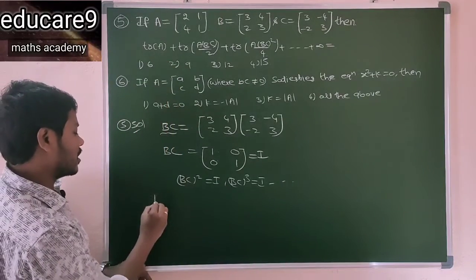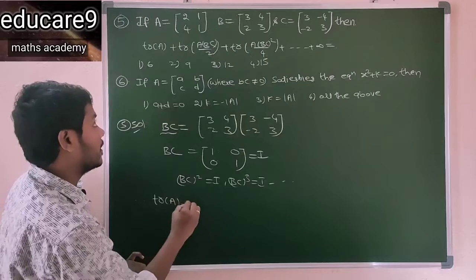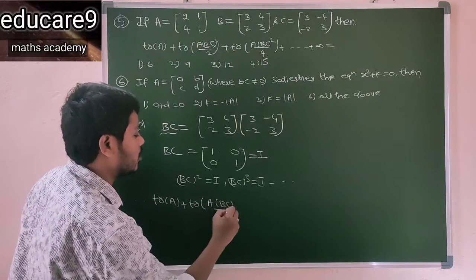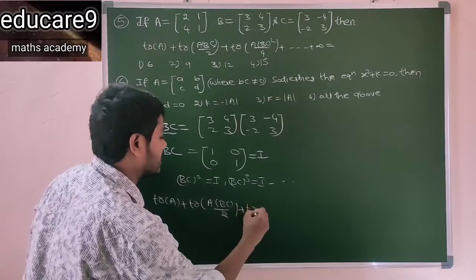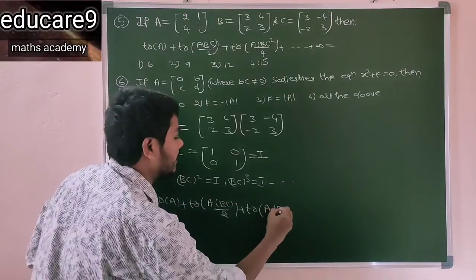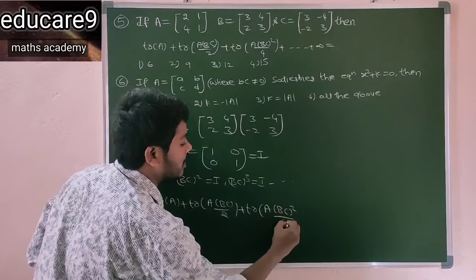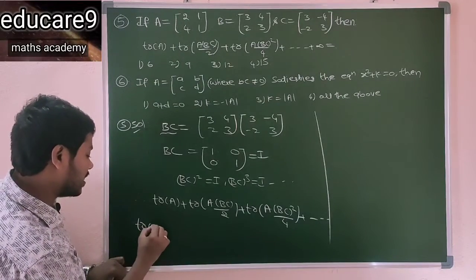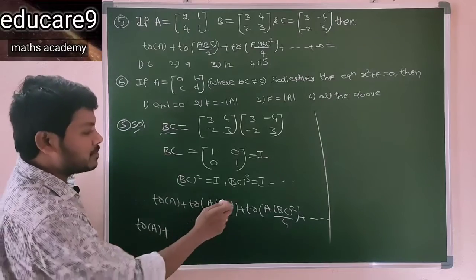Now consider this one. Therefore trace of A plus trace of A into BC by 2 plus trace of A into BC square by 4 and so on, this can be written as trace of A. So what is BC?